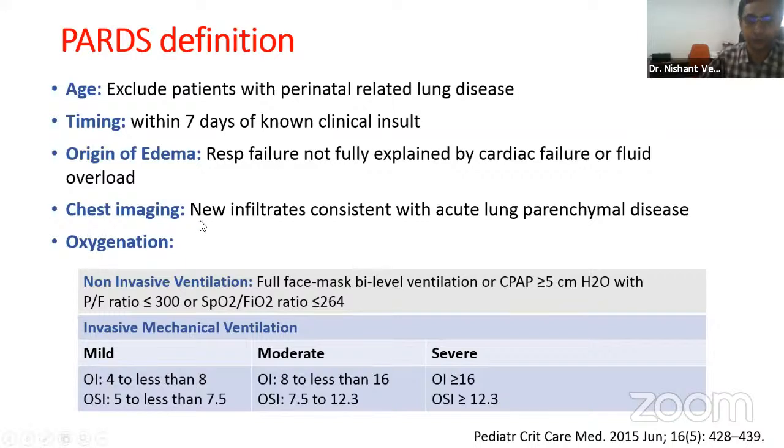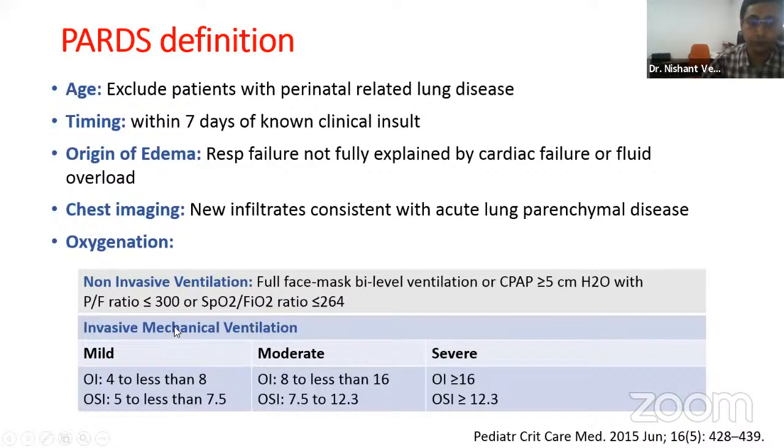And on the chest X-ray, there should be new infiltrates which are bilateral, consistent with acute lung parenchymal disease. We would see the X-ray findings in the subsequent slides. And the oxygenation definition which we have to follow is need for NIV by full face mask, a BiPAP or a CPAP of more than 5 centimeters of water, with a PF ratio of less than 300 or SF ratio of less than 264.